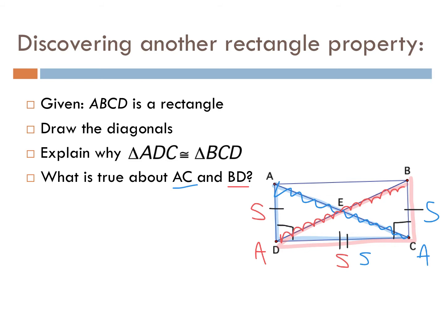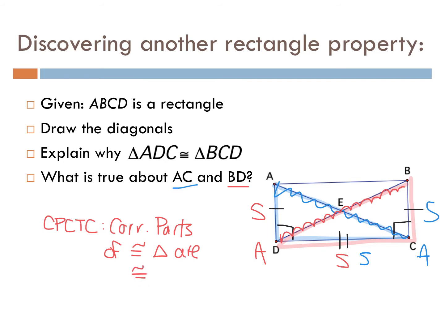Thinking back to congruent triangles in that chapter that we did, we learned something called CPCTC, which is corresponding parts of congruent triangles are congruent. So now that I know that the 2 triangles are congruent, I know all of their corresponding parts.